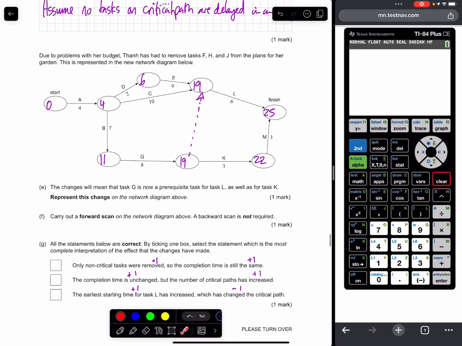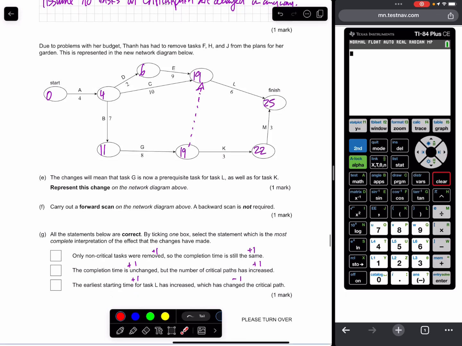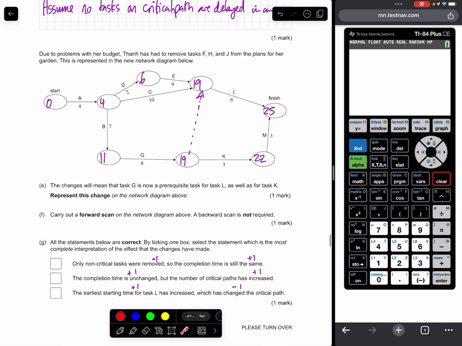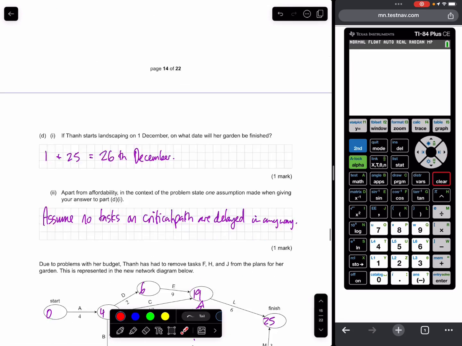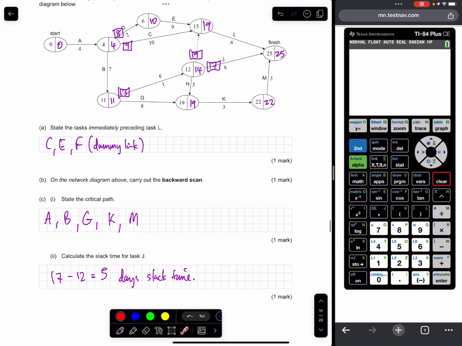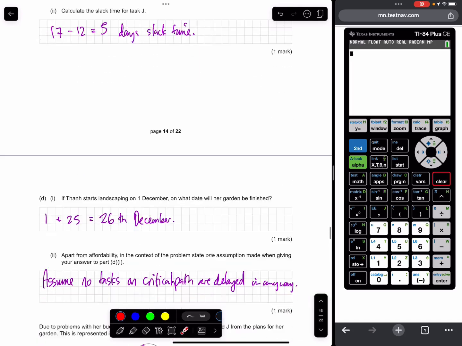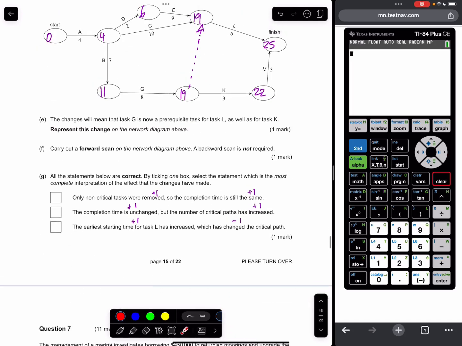Has the number of critical paths increased? I can only see non-critical tasks are removed. There's 3 tasks were removed.